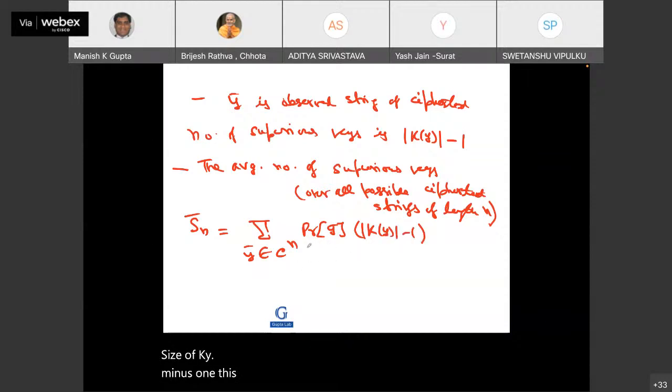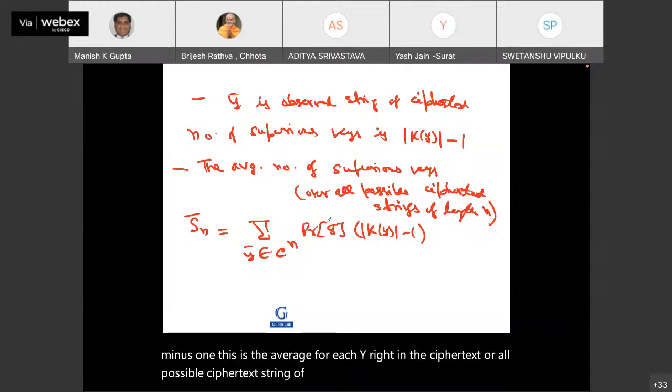This is the average for each y, over all possible ciphertext strings of length n. This is your y.